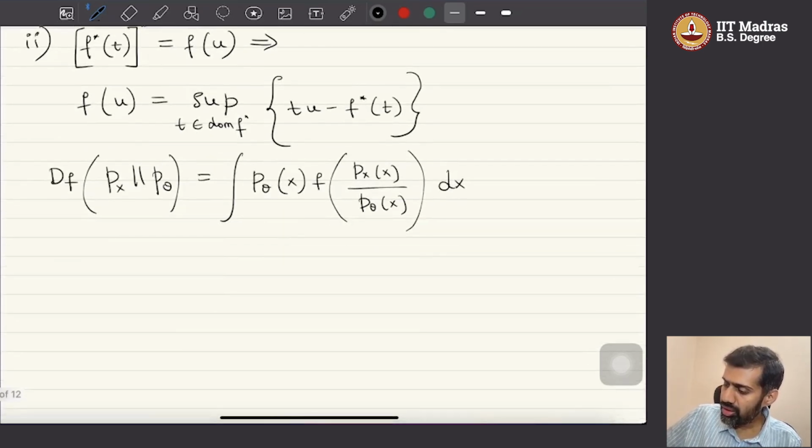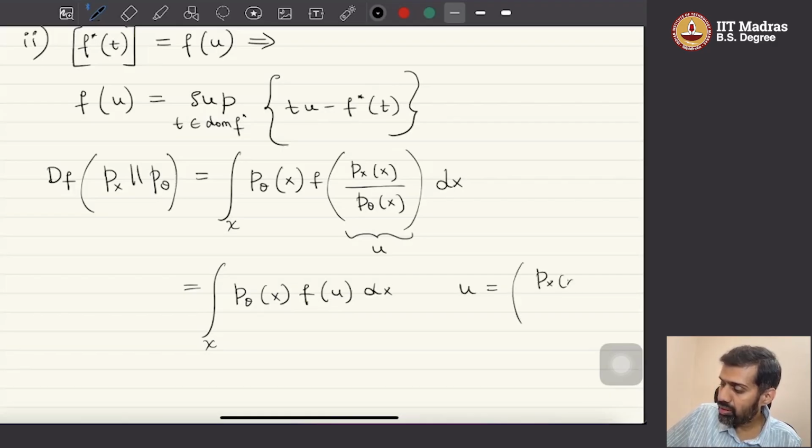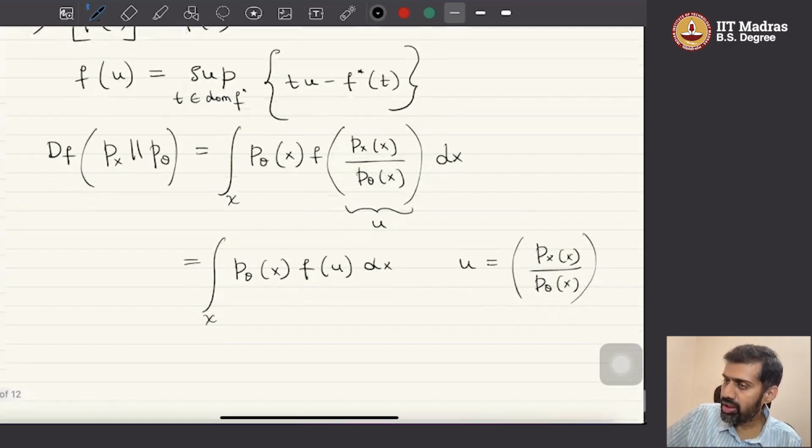Now we will take this ratio as the scalar u. So this can be written as the integral over x, maybe I'll skip this every time, of p theta of x times f of u dx, where u is the ratio of these densities.